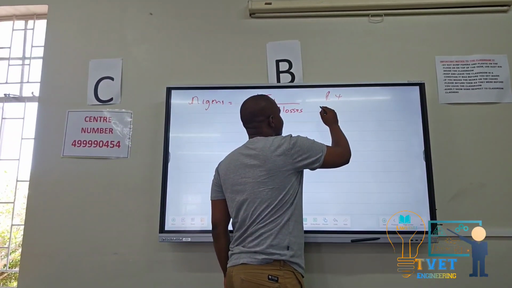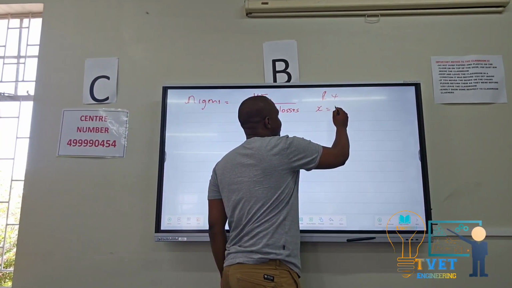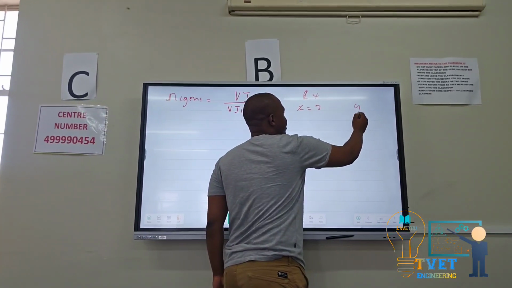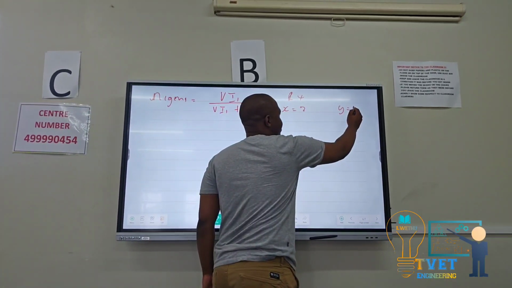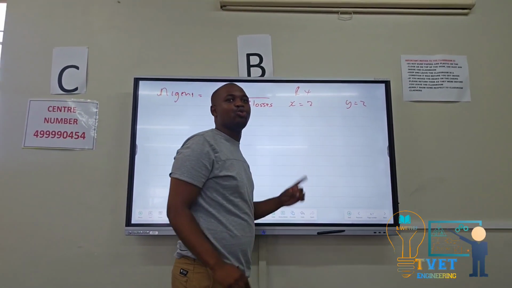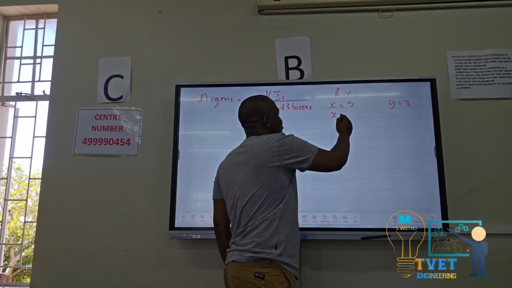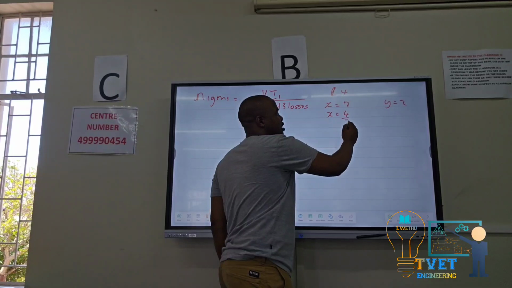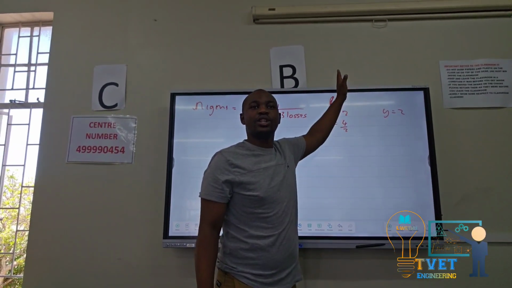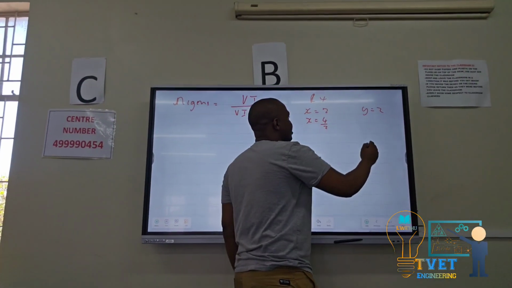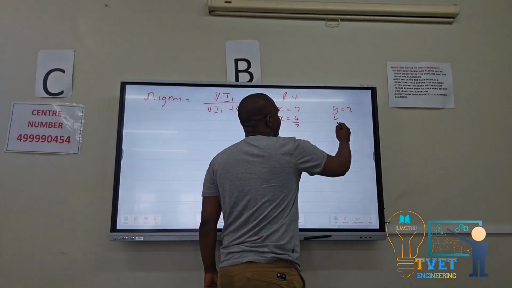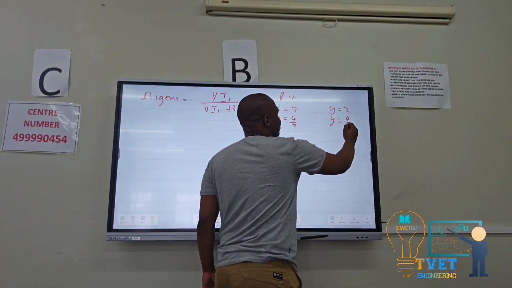Let's say this person is X and this one is Y. Each will get 2 rand. So it means that if the value of X is 4 over 2, which is the total amount, then the value of Y is also 4 over 2.